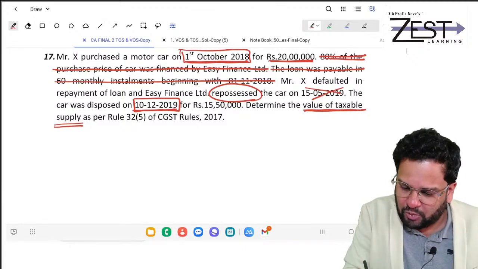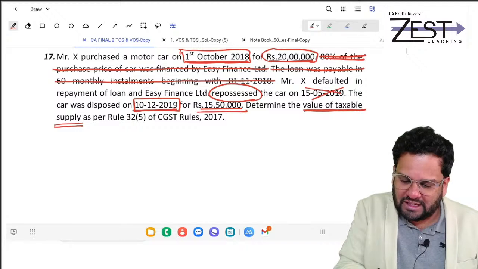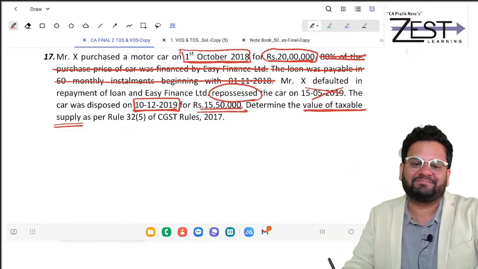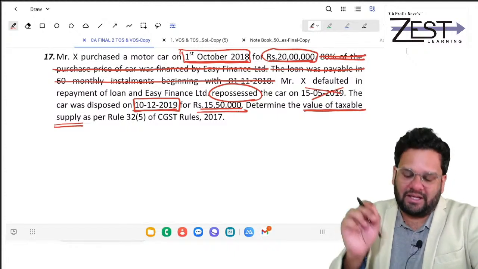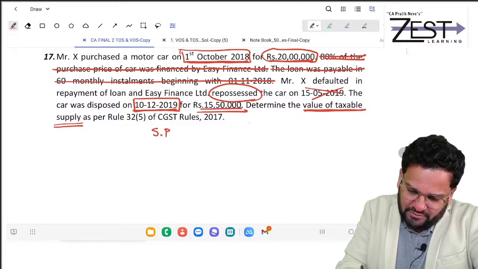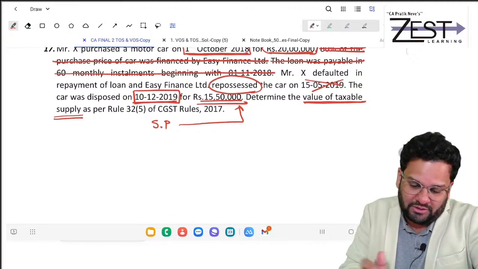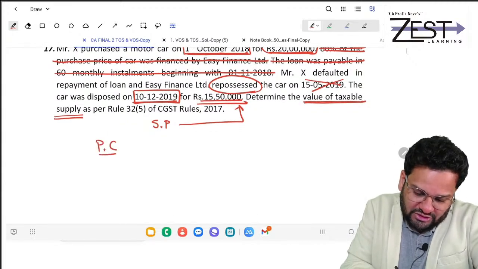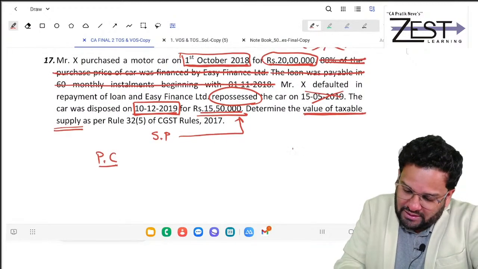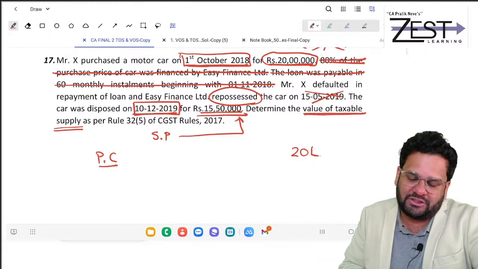The car was bought for 20 lakhs and sold for 15 lakh 50,000. Did you all understand? Now just tell me. Selling price I already have: 15 lakh 50,000. Now what about the purchase cost? Original cost I already have, 20 lakhs. But from 20 lakhs I will have to provide depreciation.